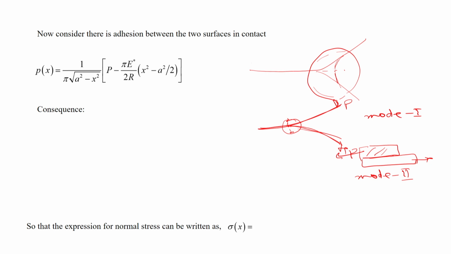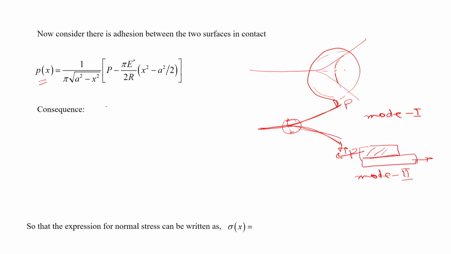So let us write this expression a little differently. When we have this adhesion present, we cannot use the boundary condition that we used, that the pressure p(x) has to be 0 at the contact line. That is not possible, because there is adhesion between them. The stress singularity has to be there, so therefore we cannot write that, and we can write this expression somewhat differently.